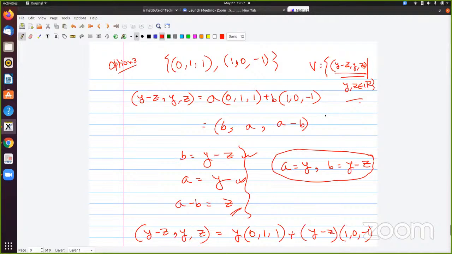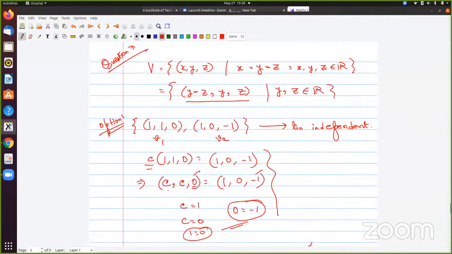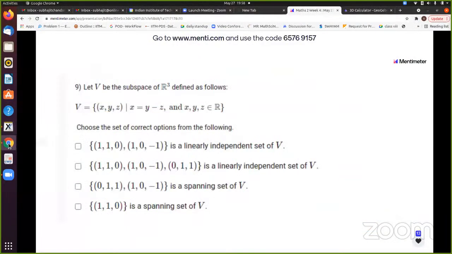Sir, may I ask you a question? Here you have said that the first option is incorrect, right? I forgot. The first option is linearly independent, so it's correct, no? Correct. Okay, sir.